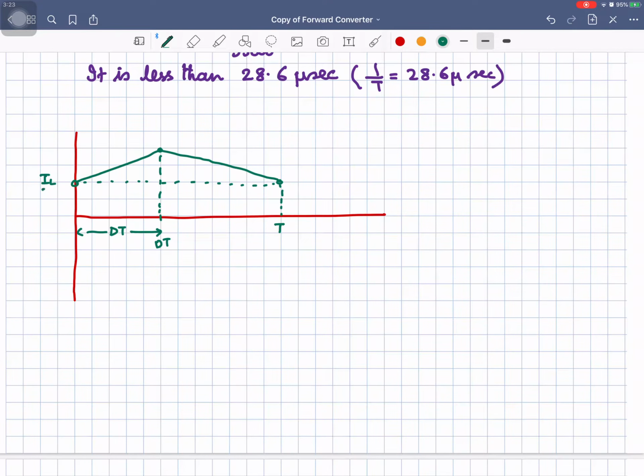So, this is IL minimum and this one is IL maximum, inductor current. Now, the average value will be at the center of this one, this is IL, and that will be equal to your load current.